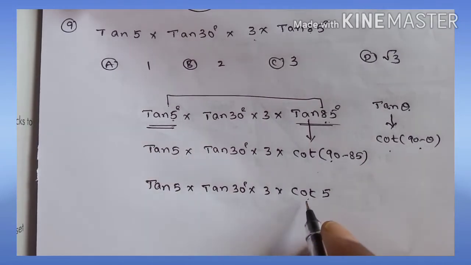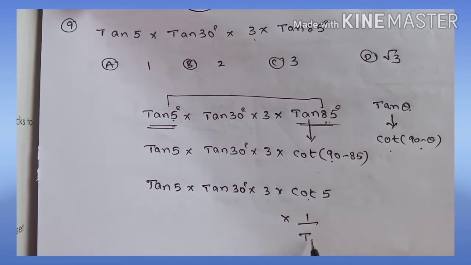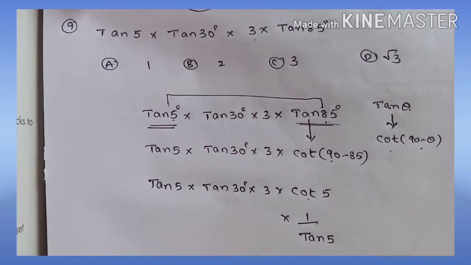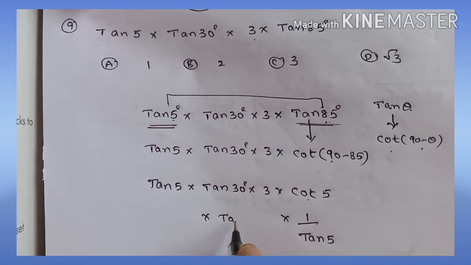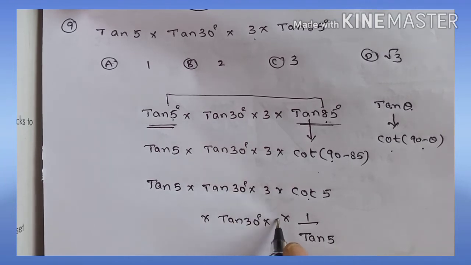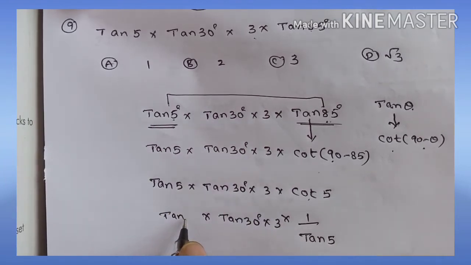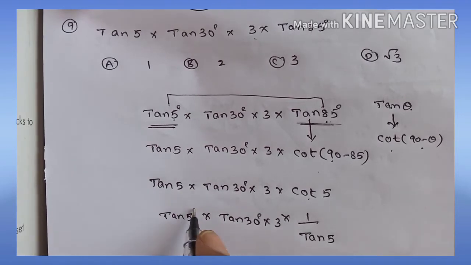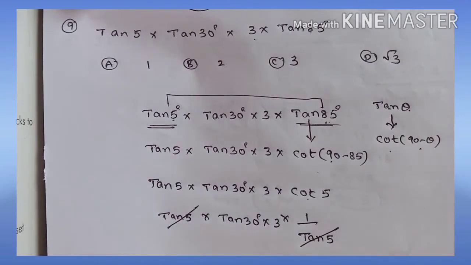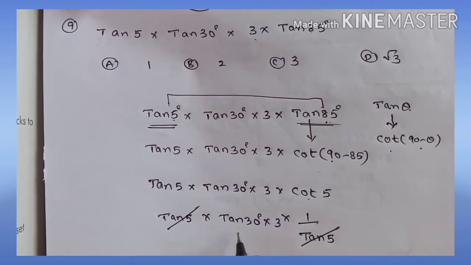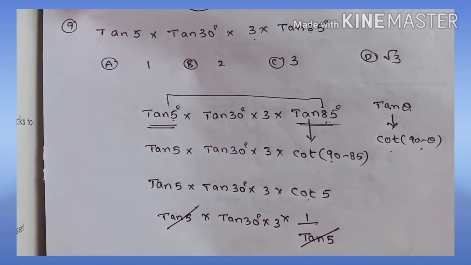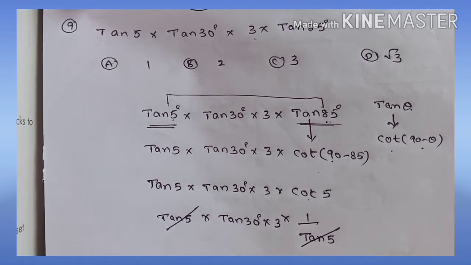We know cot 5 is reciprocal of tan 5, so this you can write as tan 5, and remaining values are tan 30 same, into 3 also same, and tan 5 also same. Now tan 5 cancel. Now the remaining value is tan 30 into 3, or 3 into tan 30.